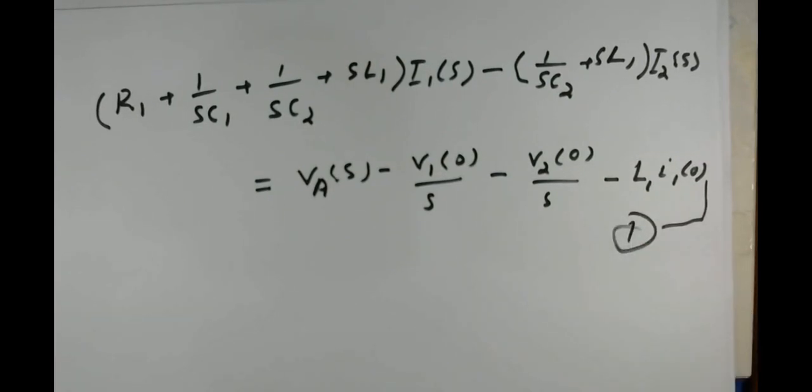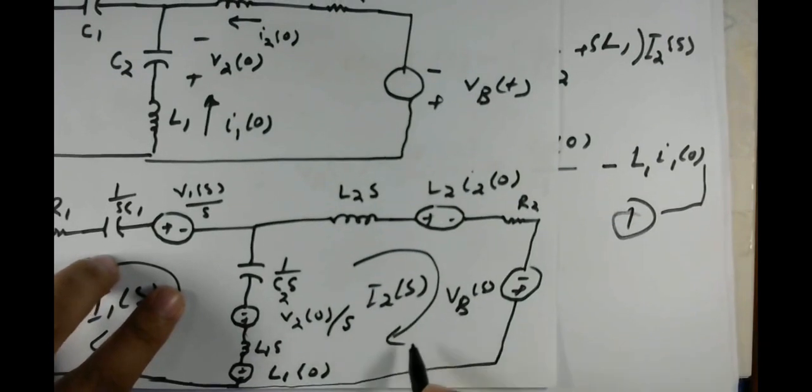And for the second loop, you already know how to find this one. I'll start from this end and proceed this way.